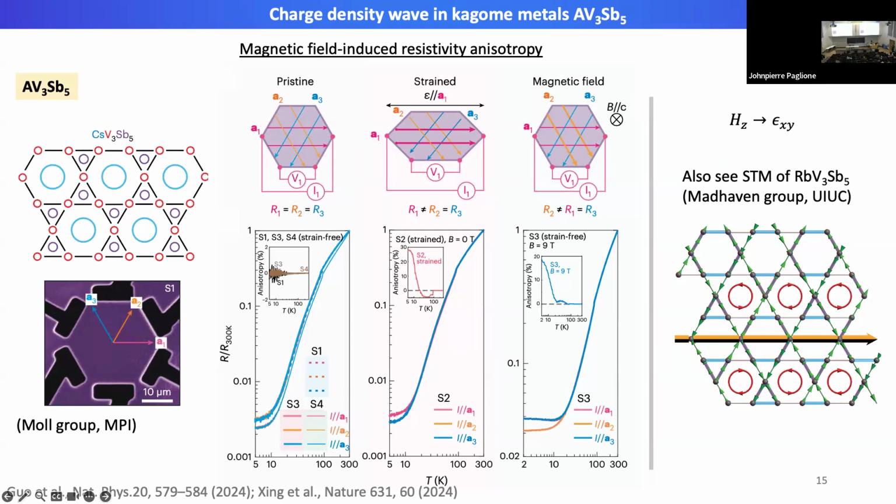So I think I don't have the figures here, but to put it in words, the experimental observation was that they applied linearly polarized light to the material, and they observed that you can swap the order of the intensity of the peaks of the charge density wave by this linearly polarized light, and this change of order is similar to the effect of a z-axis magnetic field.